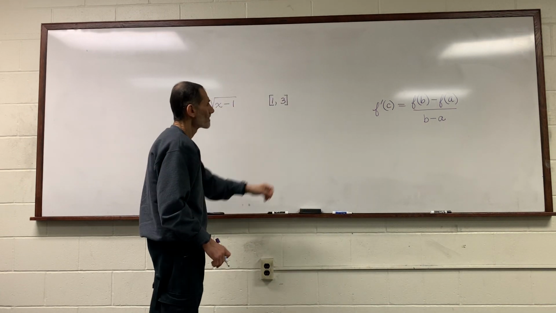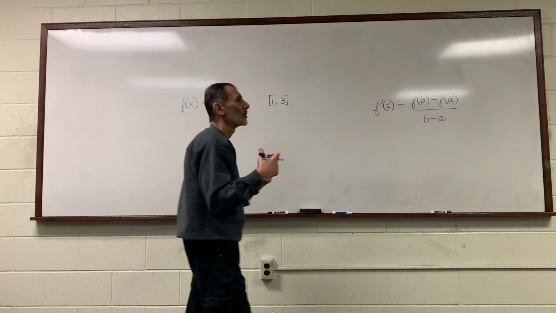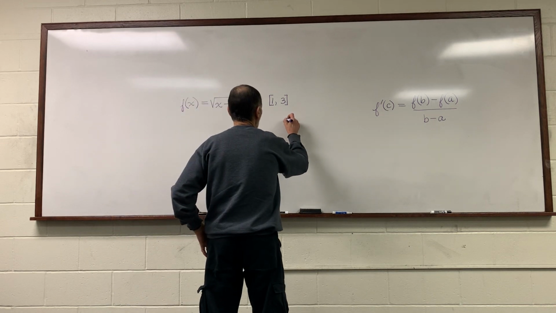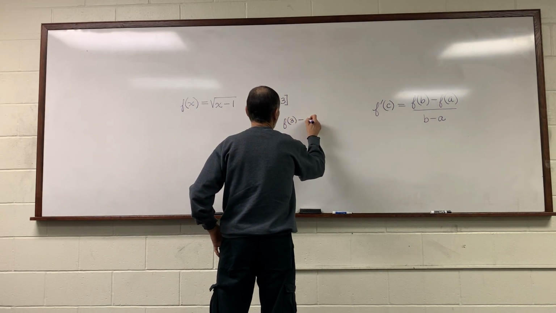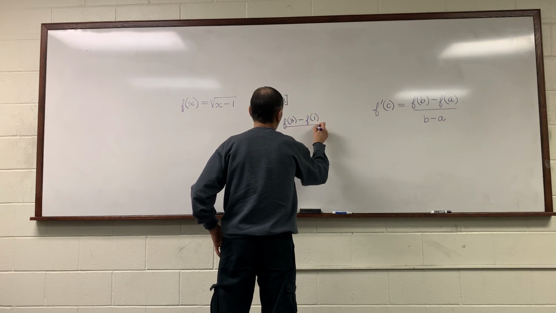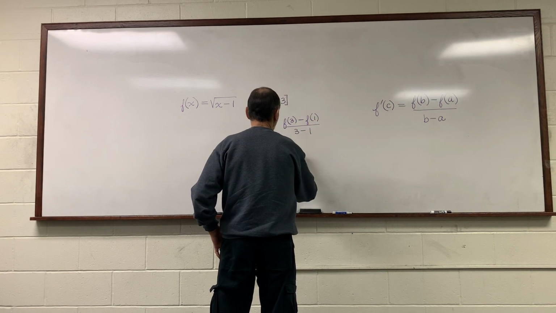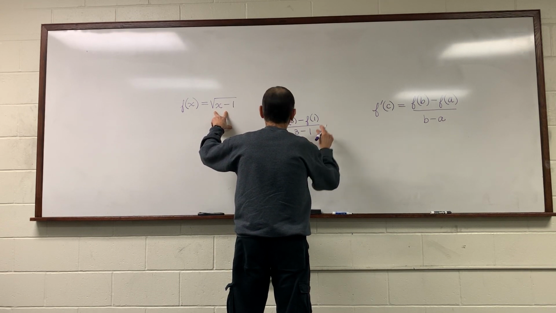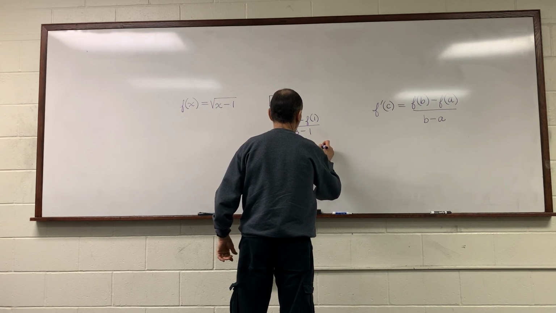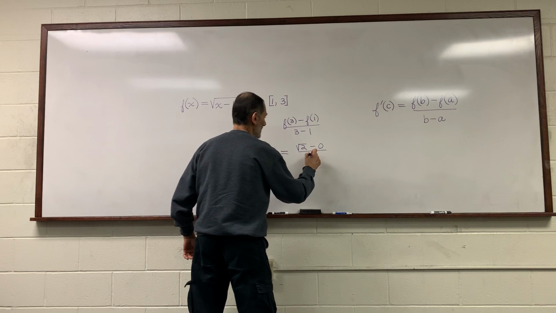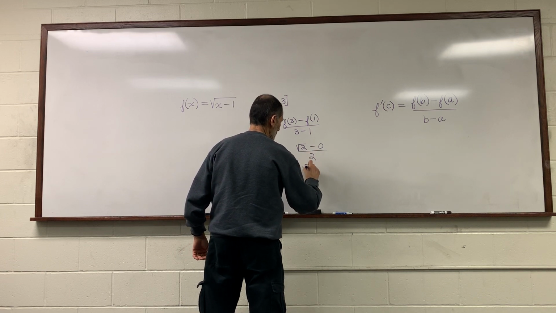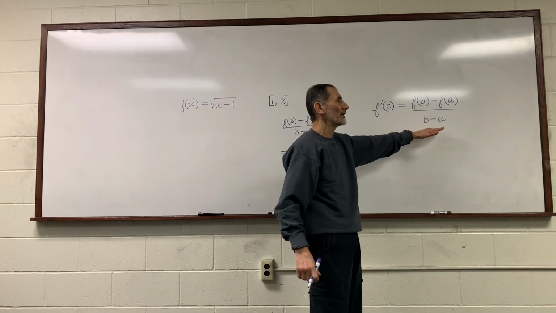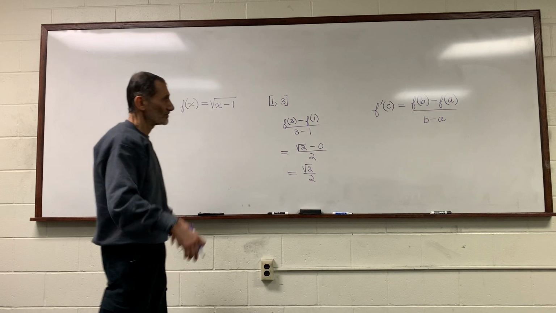You must find the right side, the slope of the secant line connecting the endpoints. Well, in this case, that would be f of 3 minus f of 1 over 3 minus 1. So here, f of 3 would be the square root of 2. f of 1 would be 0 over 3 minus 1 is 2. So we have the square root of 2 over 2. That is the slope of the secant line connecting the endpoints of the interval, of the function on the interval.